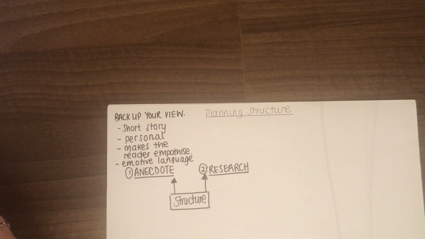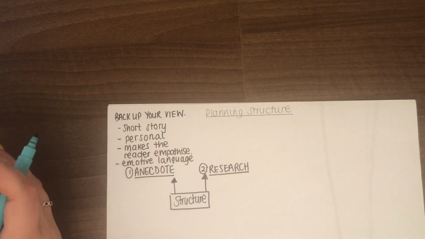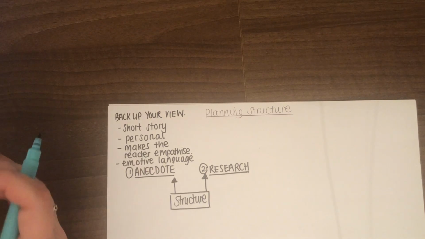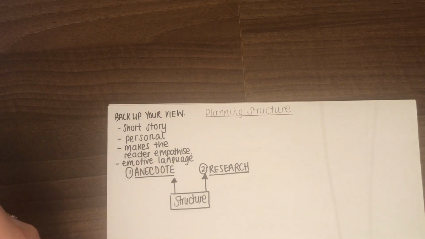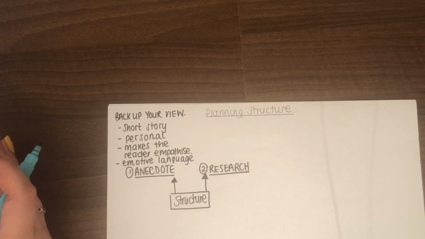So you would have just read 2 sources that relate to the topic. So you can obviously use those, any ideas from those sources or anything you found out from those sources in your piece of writing. Again, your research should back up your view, but the point of it is that you are showing that you know that if you were to go away and write an article or write a speech, you would have to do your research.